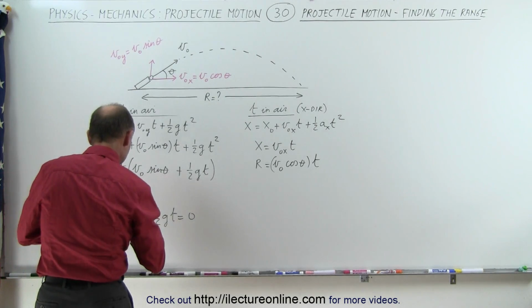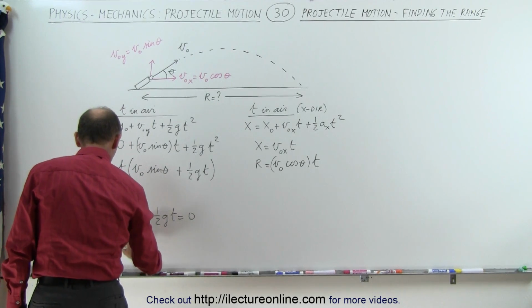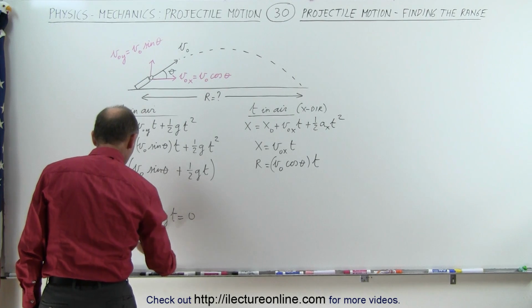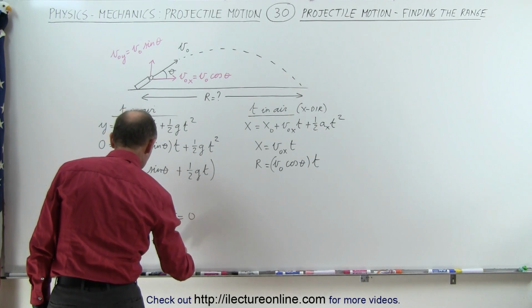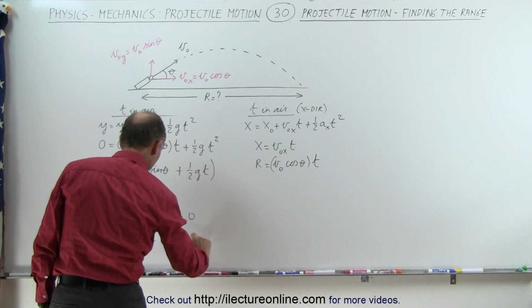That gives us the following. We get 1/2 gt is equal to the negative v initial times the sine of theta.